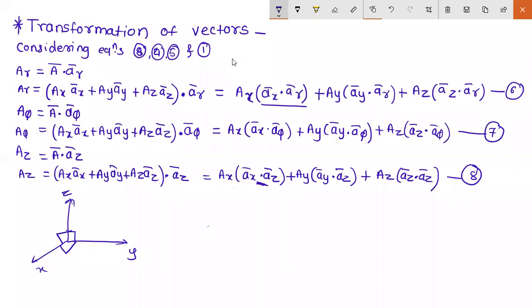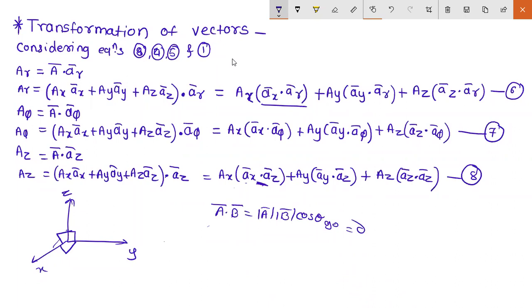Because what is the definition of dot product? A bar dot B bar is equal to mod of A bar, mod of B bar, into cos theta. So the angle between these two vectors X and Z is 90 degree and cos 90 is equal to 0.